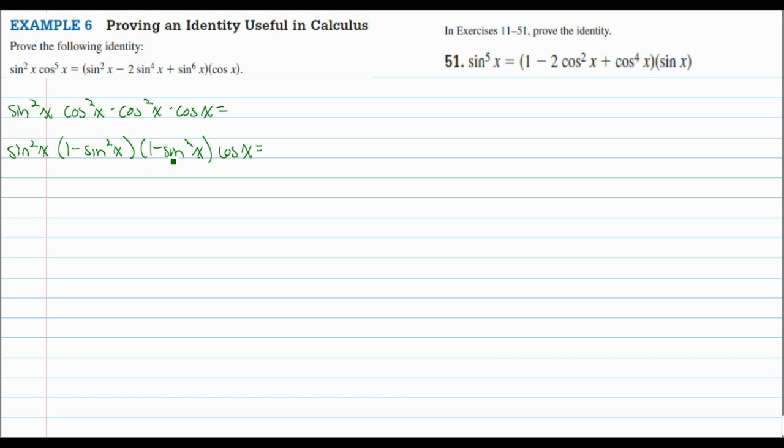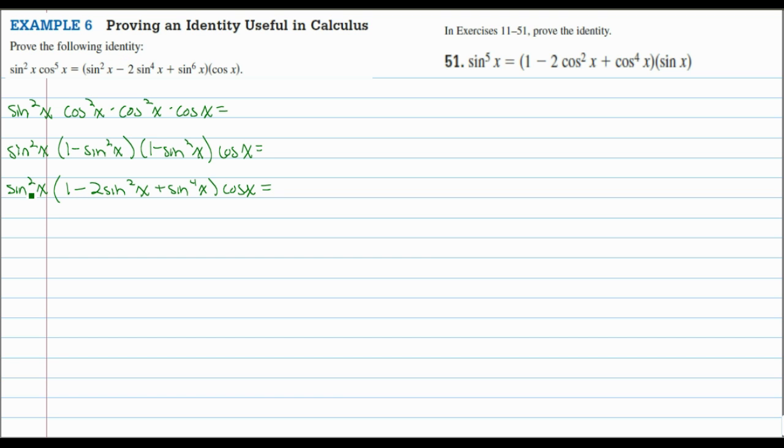Now I get to distribute and multiply all that out. I'm going to leave this sine squared by itself. But now I have 1 minus 2 sine squared x, and then plus sine to the fourth of x. Now remember I said the very first step, if you were working with the right side, would be to factor out sine squared.